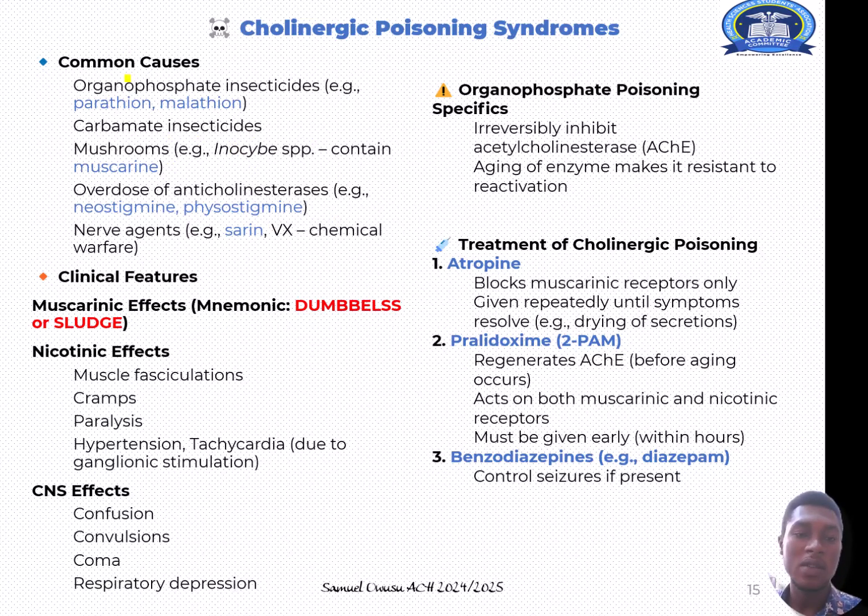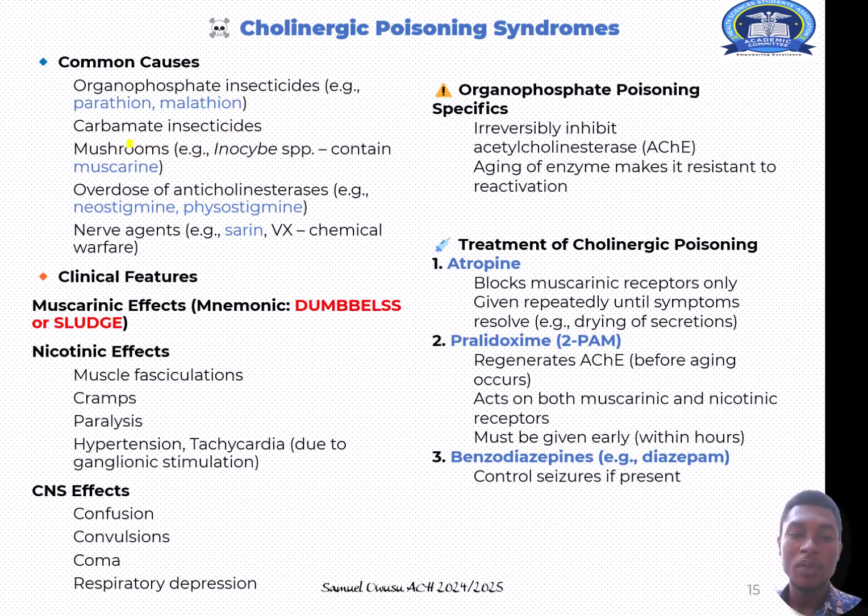The common causes of organophosphate poisoning are the insecticides, so parathion and malathion, and you want to reverse that by what? Giving agents like atropine and then pralidoxime, okay, together. Mushrooms contain muscarine, and muscarine tends to act as an agonist to the muscarinic receptors, and that is also going to enhance the activity.